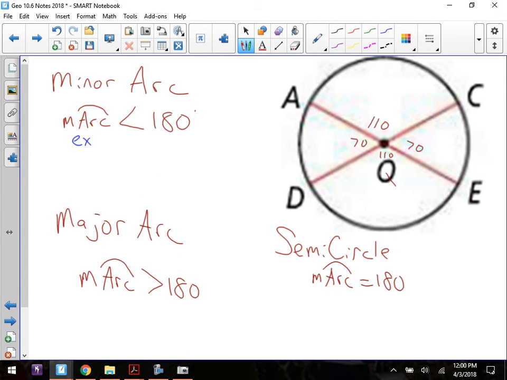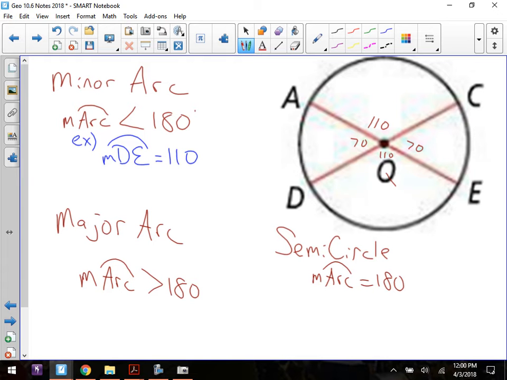So an example here, I would say that arc DE is 110. It's just telling me to go from D to E. I figure out what the angle was that created it, and I say that's its measure.